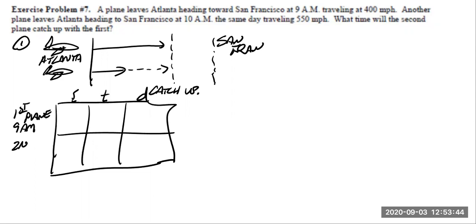And the second plane started at 10 a.m. And I want to organize this information. So the first thing I'm going to start with is the rates. That's given to me. So let's just write the rates in. The first plane was 400 miles per hour, and the second plane was 550 miles per hour. So now we want to define the times.